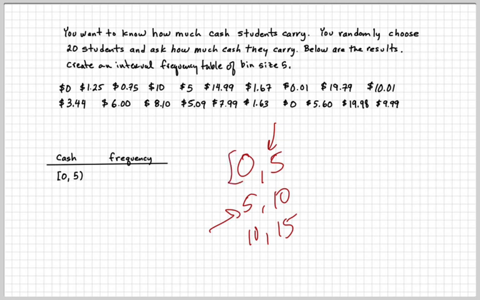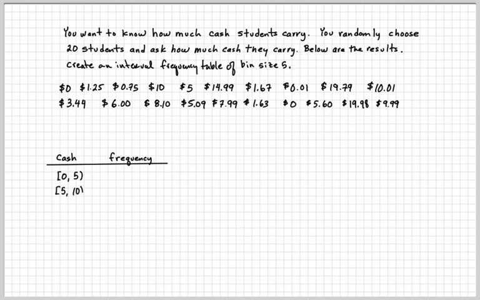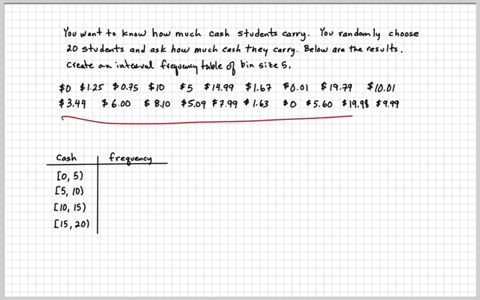So that's why we put the brackets and parentheses, so that we can say you don't put the 5 in here, but you put it in here in the second one. That's the whole idea. Okay. And then 5 and 10, 10 and 15, 15 to 20. They stop at 20. Well, if you look at the data set, there aren't any values that are 20.